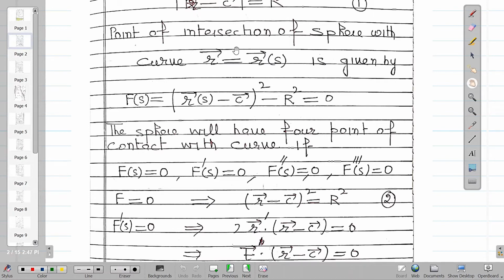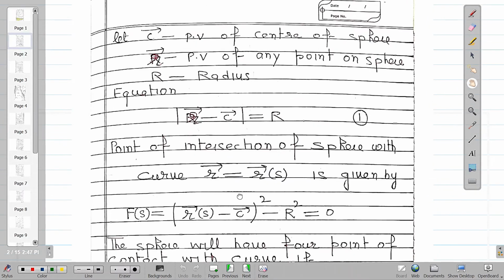Now, what is the equation of this osculating sphere? How can we find it?